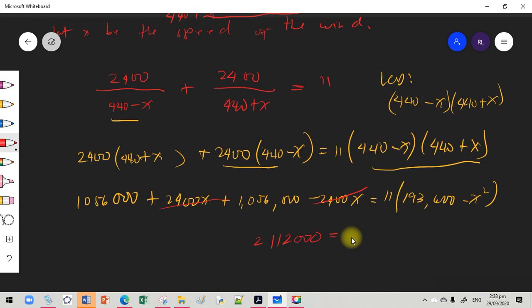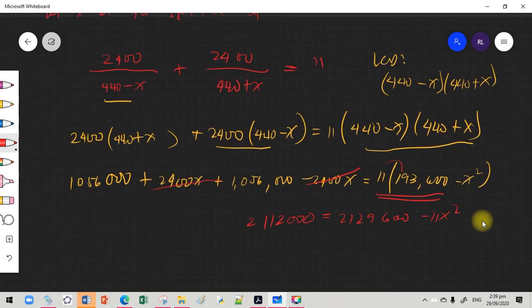Can we divide this by 11? Because we may not distribute this, and then just divide. Let's try to divide this by 11. Obviously this is not divisible by 11, so we'll just multiply and distribute. We have 11 times 193,600, so this one becomes 2,129,600 minus 11x squared. Then let's subtract.